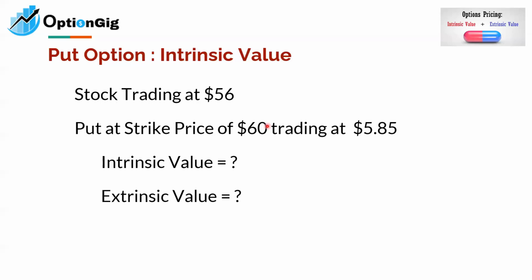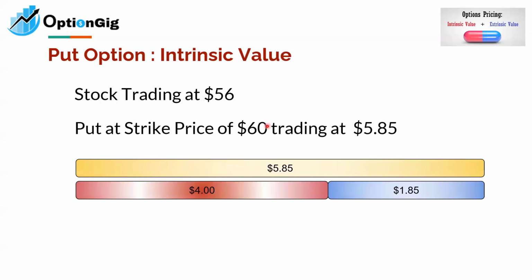Using this put option, I can sell the stock at 60, whereas in the market, those who don't have a put option but want to sell their stock will have to sell it at 56. So I got $4 of distinct advantage because of this option. That $4 is intrinsic value. The remaining is extrinsic value.